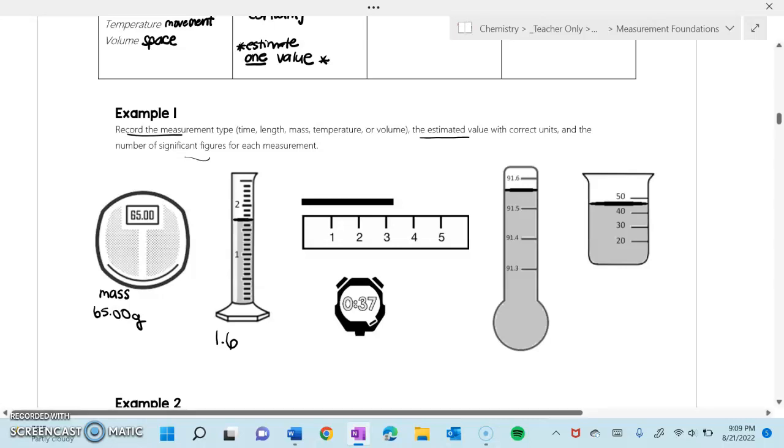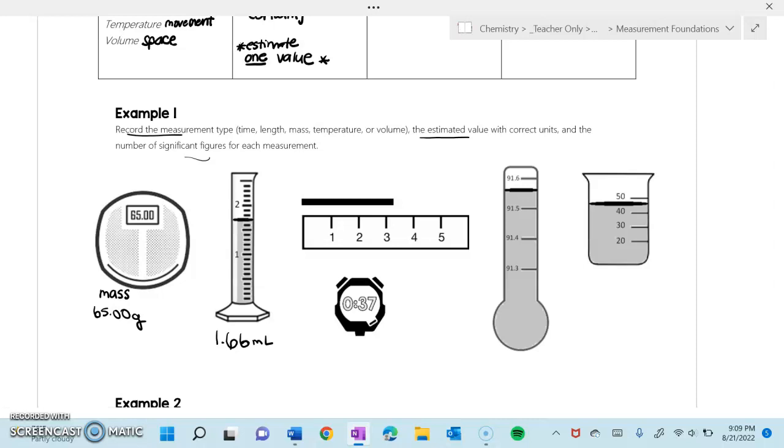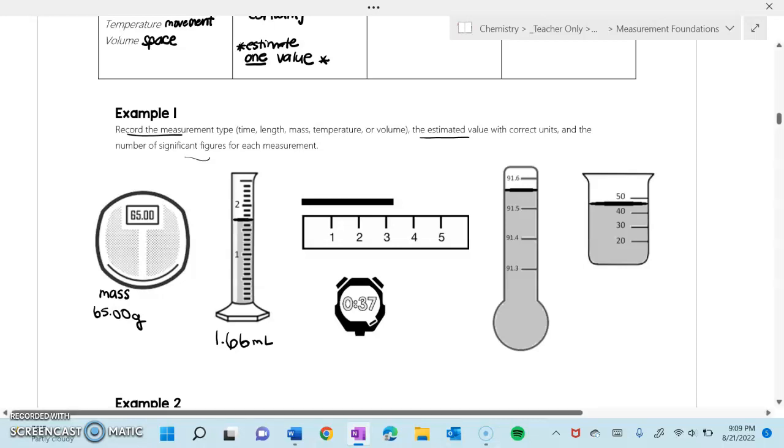So our value estimated here will actually be the hundredths place, and we'll estimate between this 0.6 and 0.7. I'm going to estimate that this is about a little over halfway between the two, so 1.66 milliliters. That's going to be my estimate for the proper amount of certainty that we have. We provide one estimated value and all of the ones we know for sure.